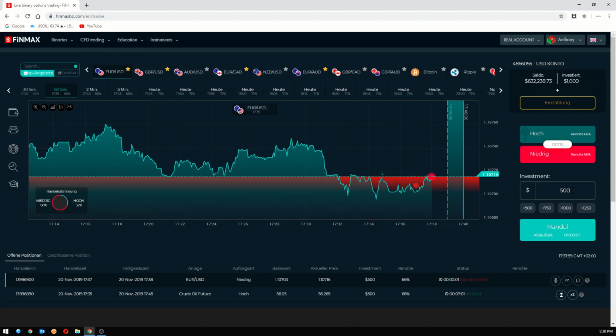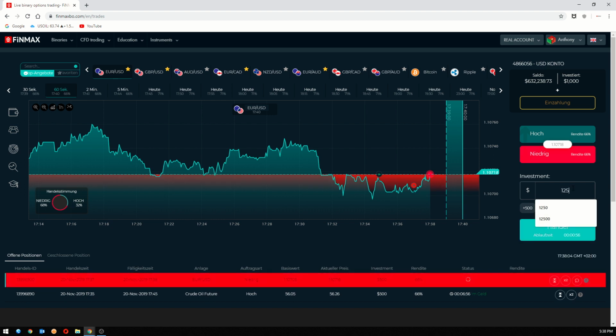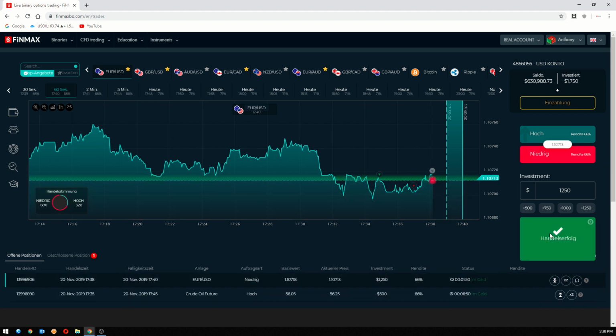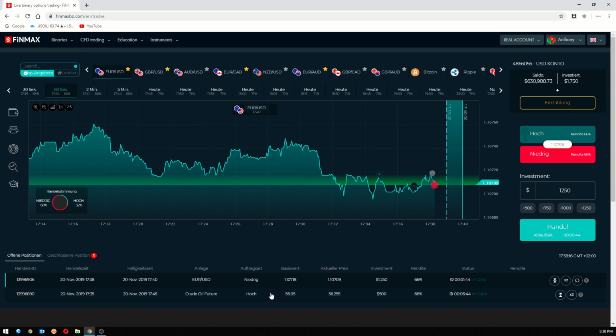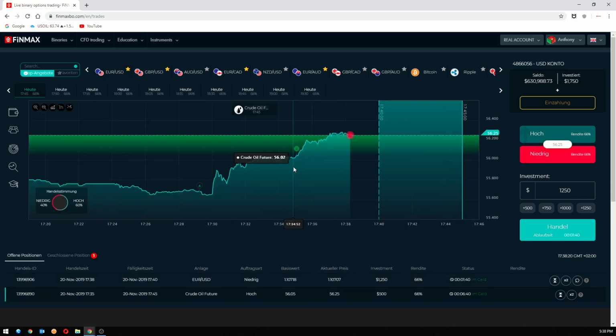Okay, let us double up the amount and use 1250 for the same time. Yes, we were very close, I think, to the point. Let's see how it's going to be. For crude oil right now, we have a very good position.